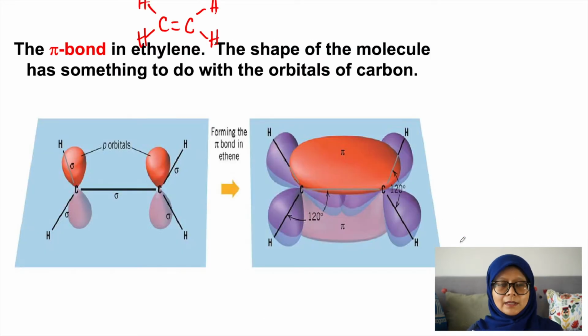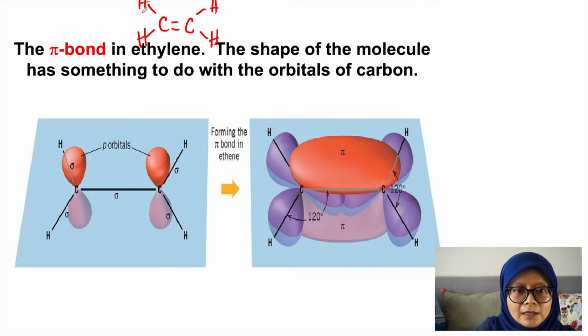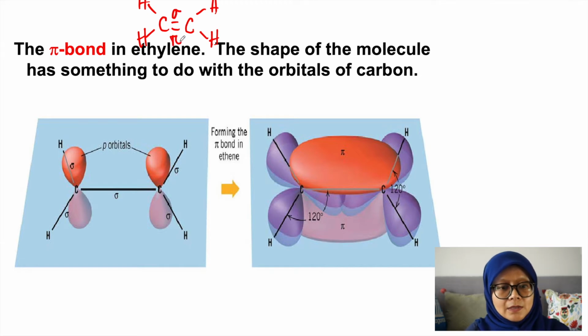Another one here, the formation of the pi bond. This happens when the p orbitals overlap side to side. So when you look at this structure, we have one sigma bond and also one pi bond.